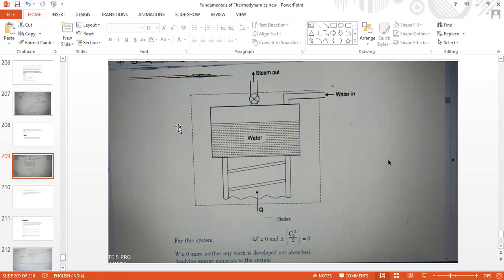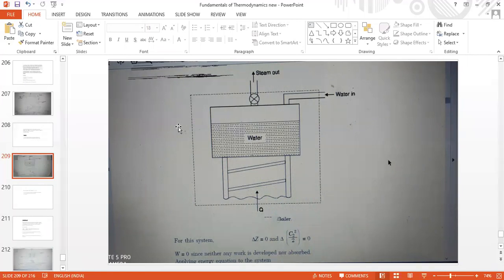They are all work exchanging devices. That means there is exchange of work in the case of a compressor, a turbine, a pump, a fan, a blower. Those devices deal with work, but we are now dealing with heat exchangers. Heat exchangers don't deal with work; they only deal with heat.